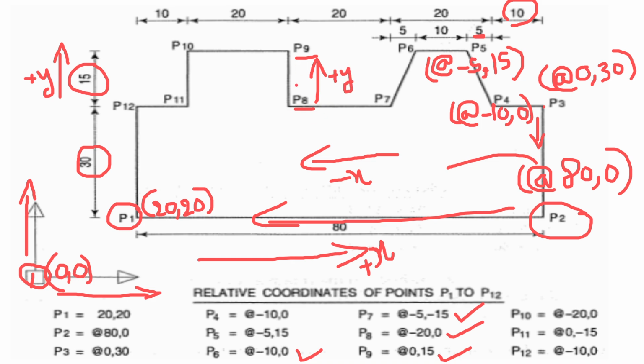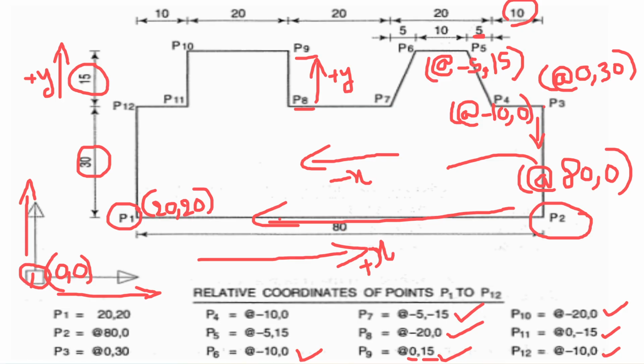The distance between these two along the positive y-axis is 15. For that reason, the x value is 0 and the y value is a positive 15. Then P10, P11, and P12. These are the coordinate points in our relative coordinate method.